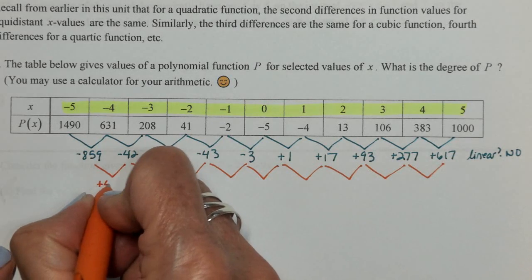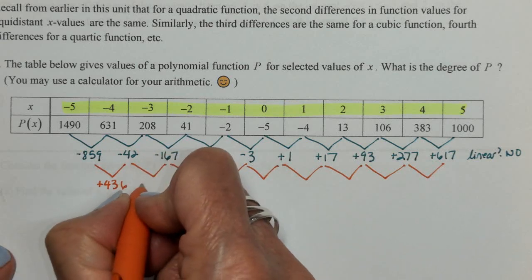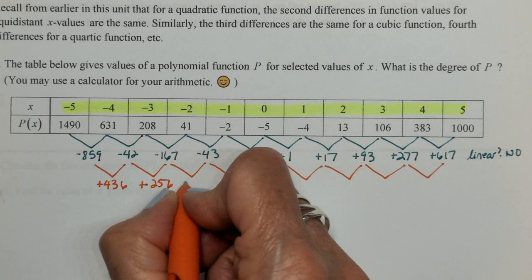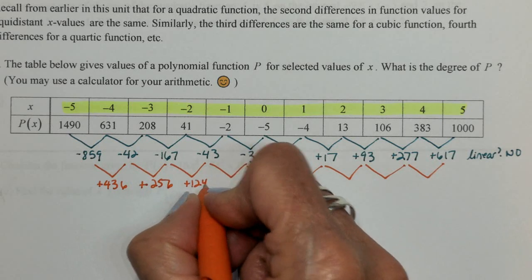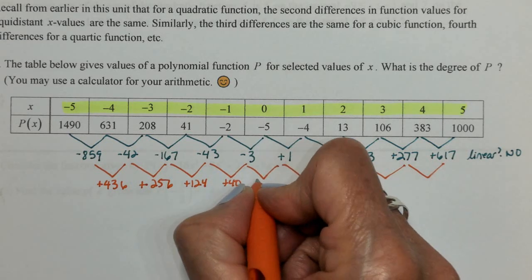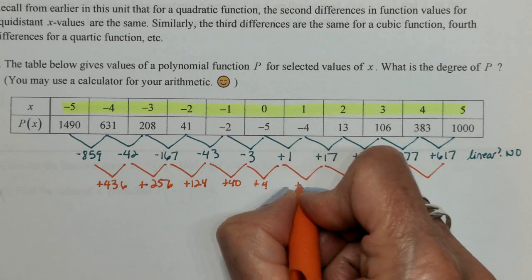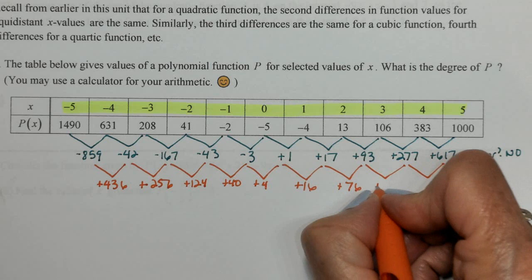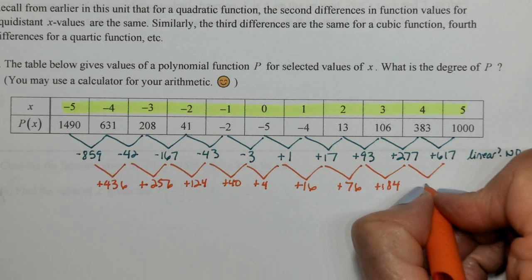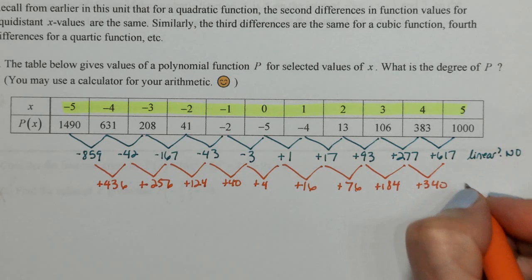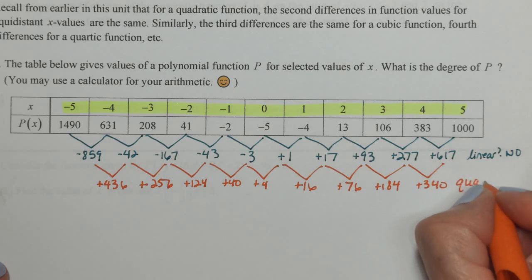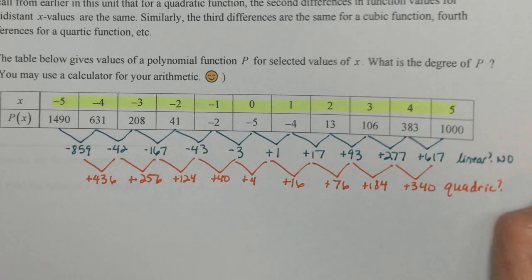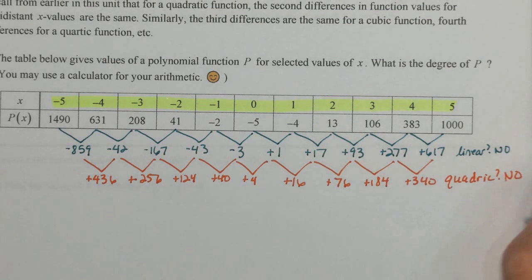This is 436. This is 256, 124, 40, 4, 16, 76, 184, and 340. So is it quadratic? Is the degree 2? No, because those differences also are not the same.